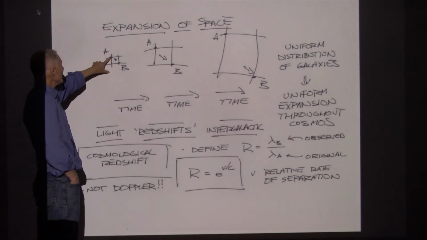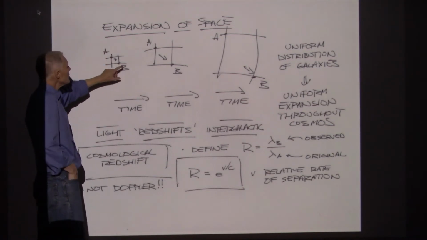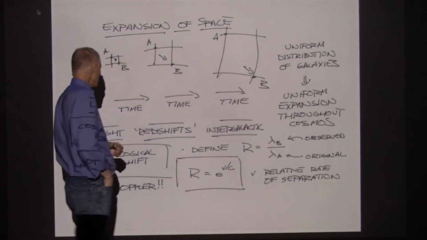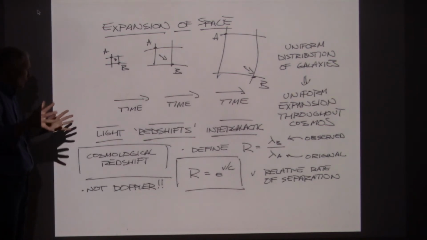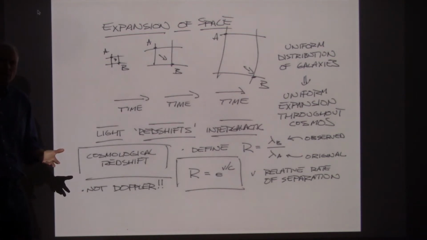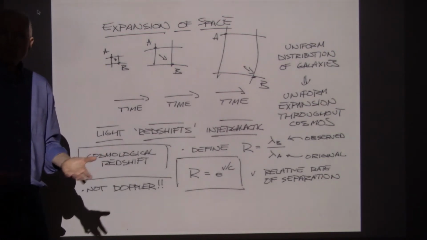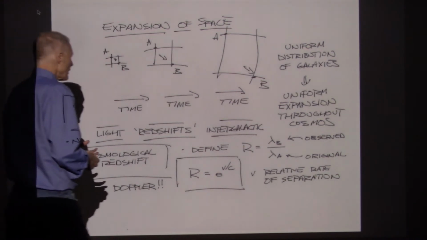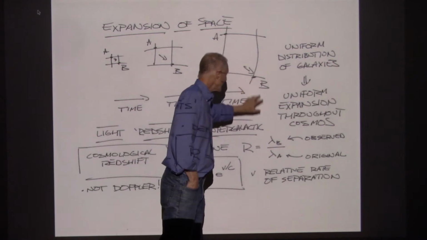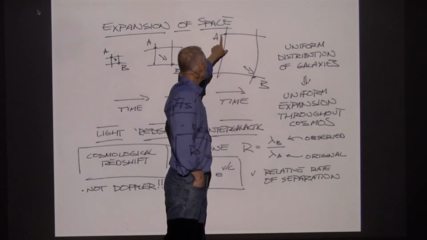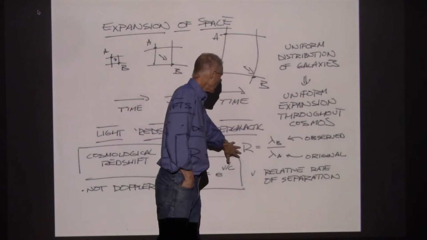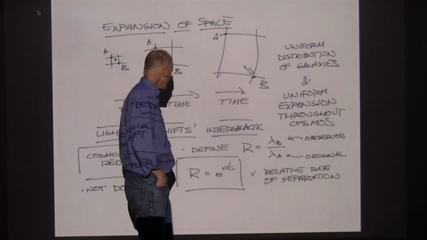If light leaves galaxy A and arrives at galaxy B, during the time that it's traveling, its wavelength will be stretched out. Now, if the expansion has been very steady, and that's not such a bad approximation for us, we can actually derive some formulas showing that the wavelength of the observed light when it arrives compared with the wavelength of the original light that left is given by lambda B over lambda A. I'm going to call that big R, the redshift.